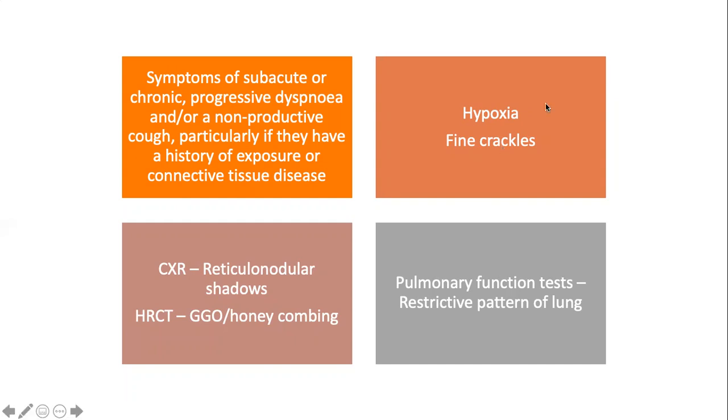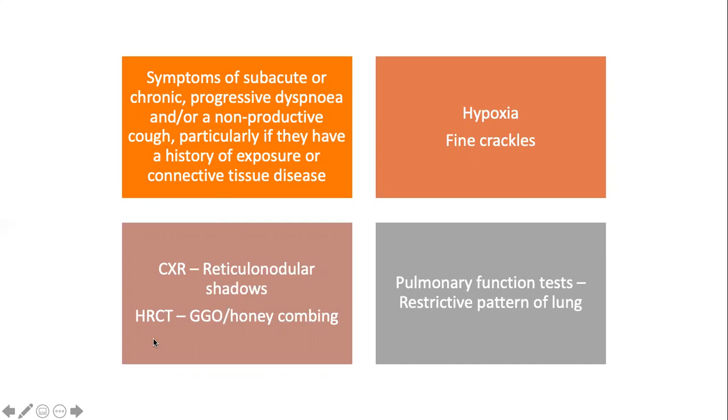On examination, the patient is hypoxic, so has a low SpO2, and there might be fine crackles on auscultation of the lungs. Chest X-ray will show reticular nodular shadows and might show ground glass appearance, which can also be seen on a high-resolution CT, which is the imaging of choice in these patients.